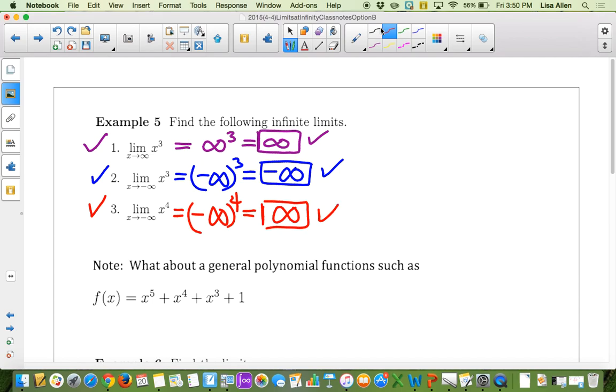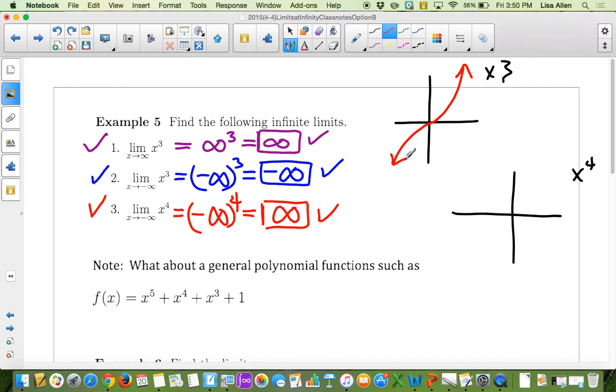And this kind of holds true with the graphs that we know for x cubed and for x to the 4th. So x cubed, as you well know, looks something like this, kind of like a flat parabola around the origin. And you can kind of see, as x goes to positive infinity, the first example, number 1, the function goes to positive infinity.